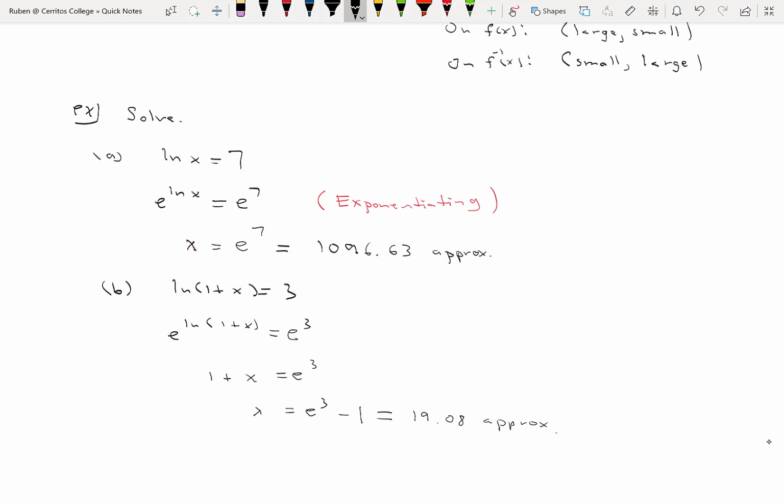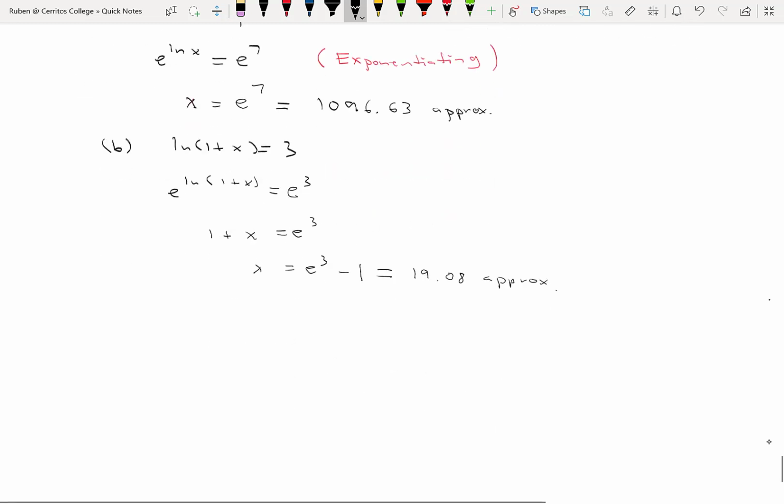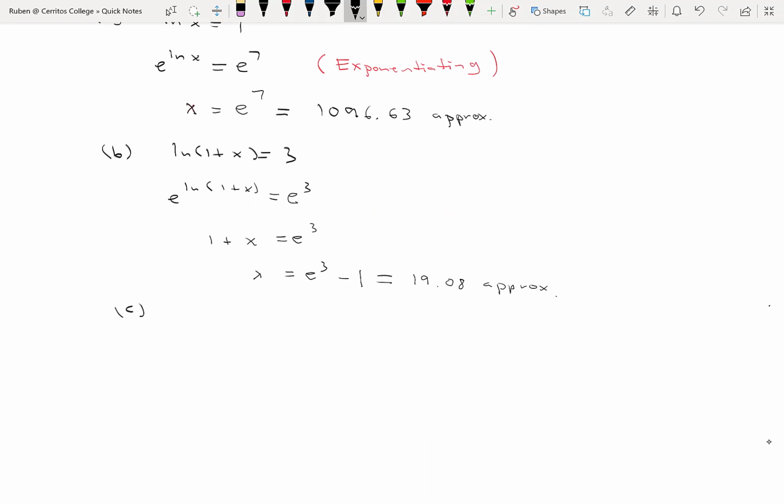Okay, let's look at another example here. Let's do the opposite. Suppose I have something like e to the x equals 2. This time I don't want to exponentiate, because this is already an exponential equation. So I want to do the opposite and take the natural logarithm of both sides.